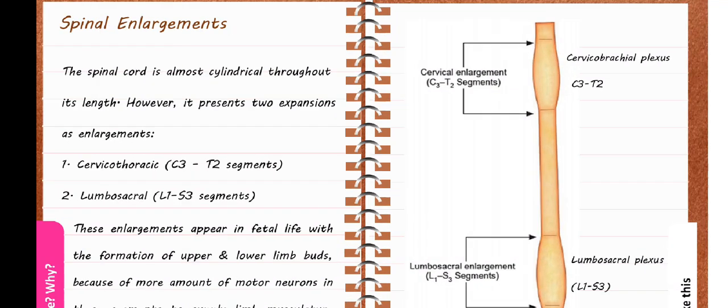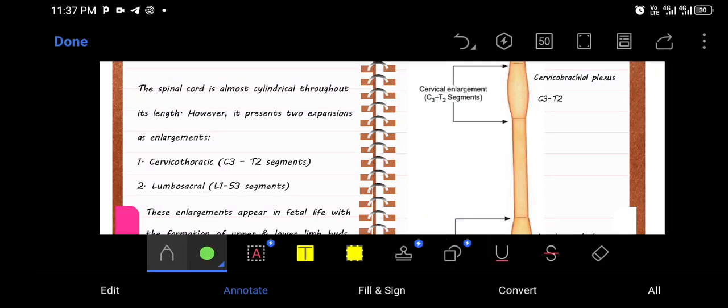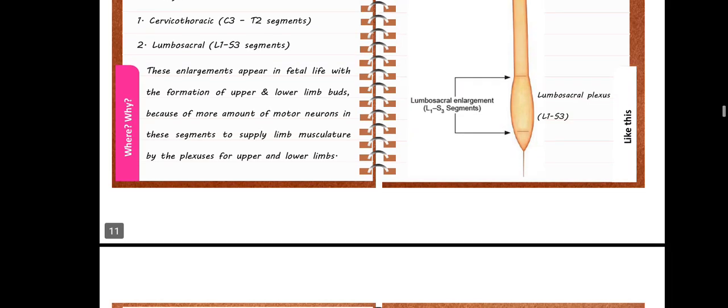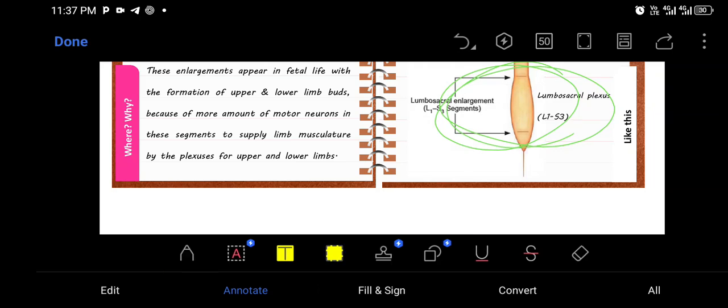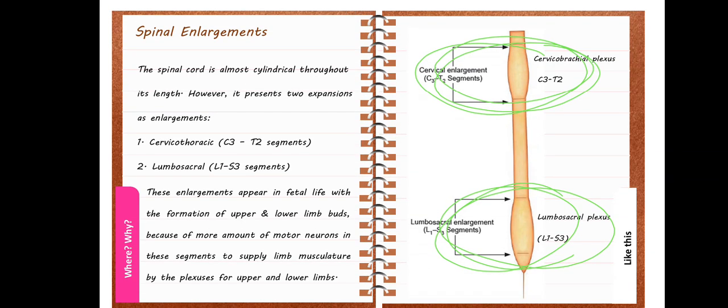You can see it in this image here. So these are the two spinal enlargements found on the spinal cord.